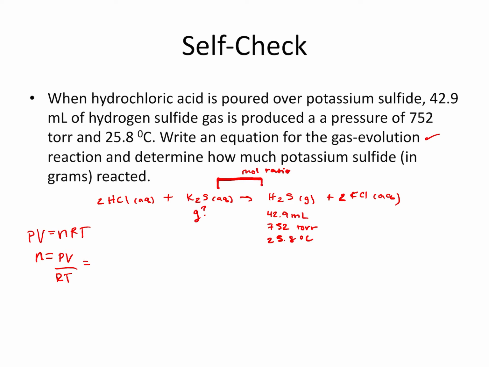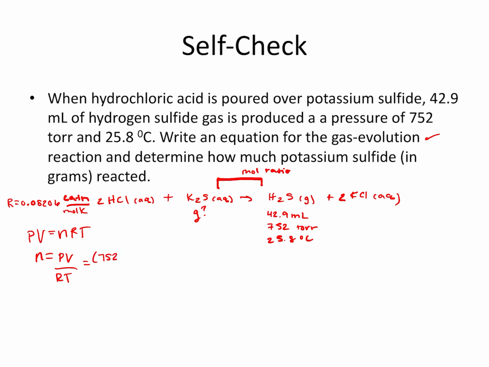Now, remember our constant, it's 0.08206 liters atmospheres per mole Kelvin. You can convert your constant if you wanted to, but I personally like to convert everything to match the units of my constant. So pressure would have to be in atmospheres.